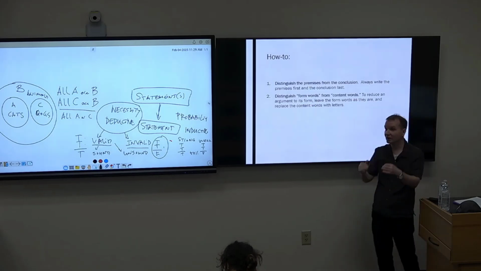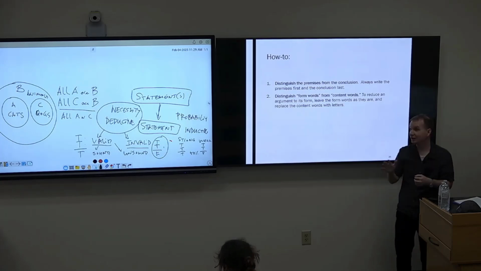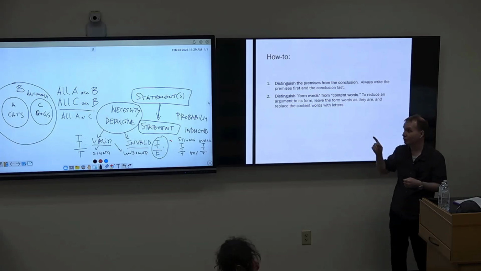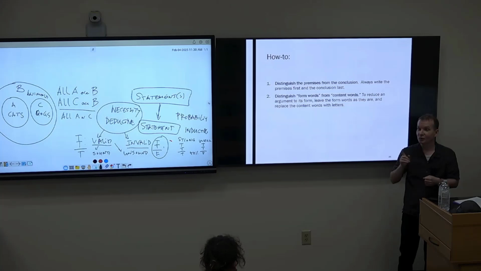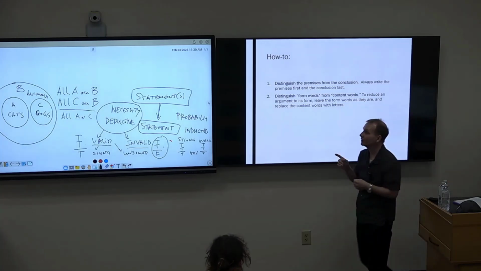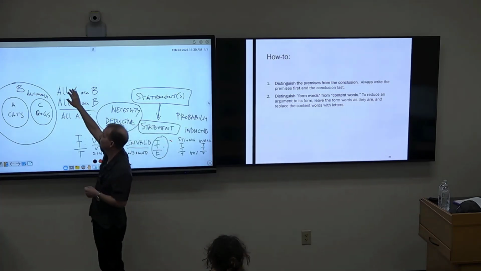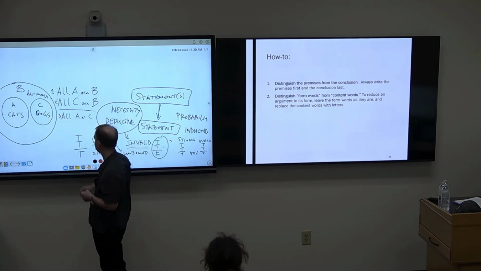So this is the step-by-step process, right? We will do several exercises, and I can tell you right now there will be 2 questions on the exam which require you to do exactly that. First, you distinguish your premises from the conclusion. Why? Because you will not always be given the argument in this clear form, like the first premise, the second premise, conclusion.